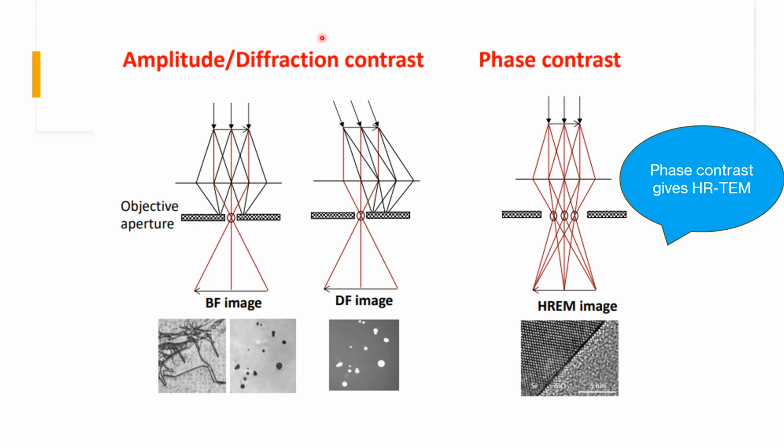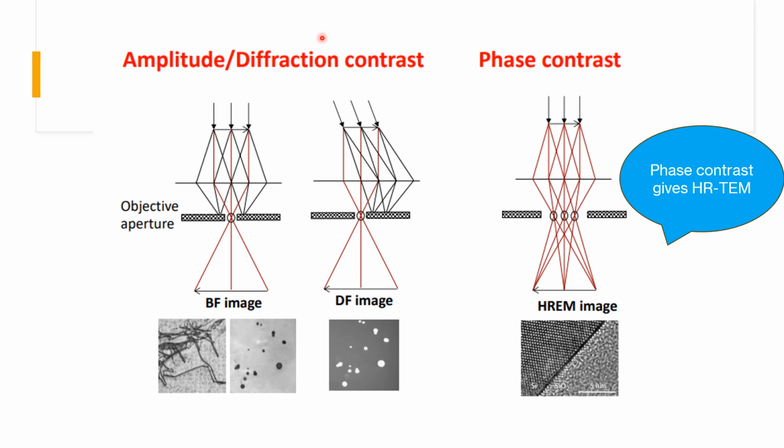For various different theta Bragg angles, we have a different pair of electron beams, and we have different contrast. So the difference in the deflection of electrons as per the Bragg angle gives the contrast.